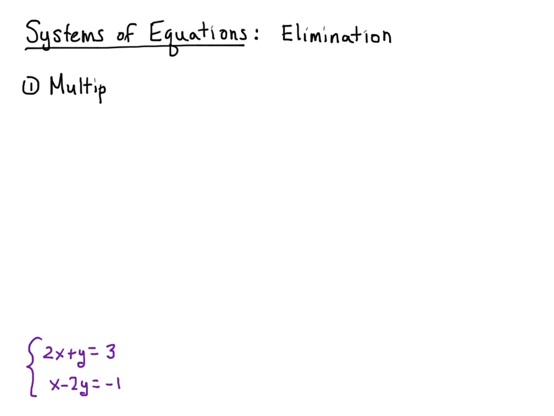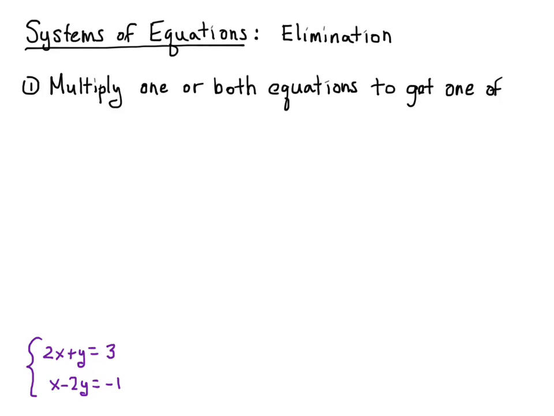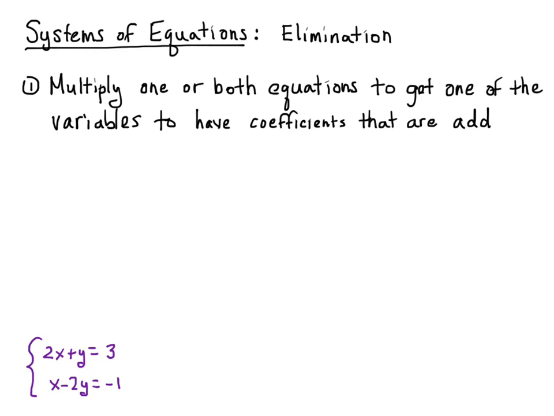Okay, so the first thing that we can do with elimination is multiply one or both equations to get one of the variables to have the identical coefficient except being the additive inverse, okay? So what this means is I don't have any coefficients that look like they're the same here.